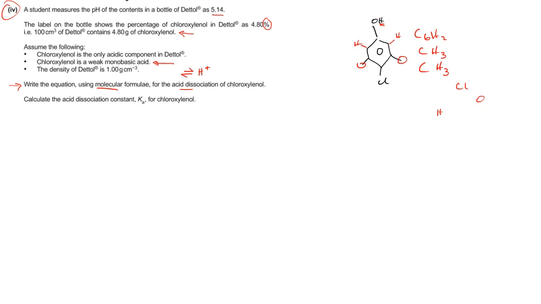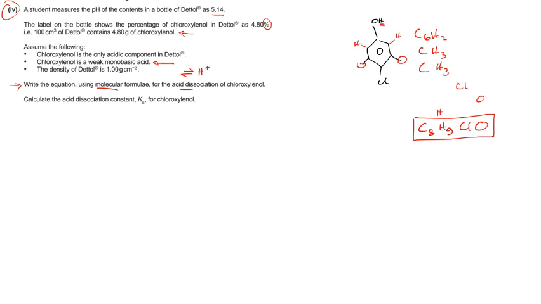Okay, so let's add that all up. So we've got 6 plus 2 is 8 carbons. We've got 2, 3, 4, 5, 6, 7, 8, 9 hydrogens, 1 chlorine and 1 oxygen. So there's our molecular formula.